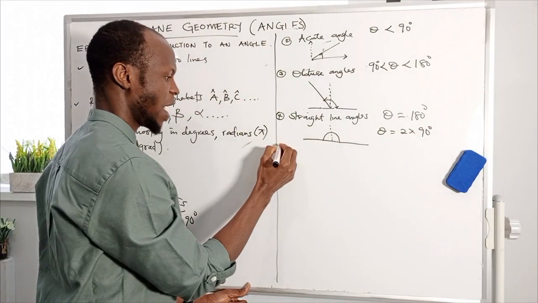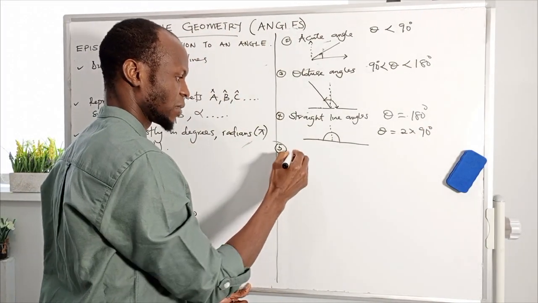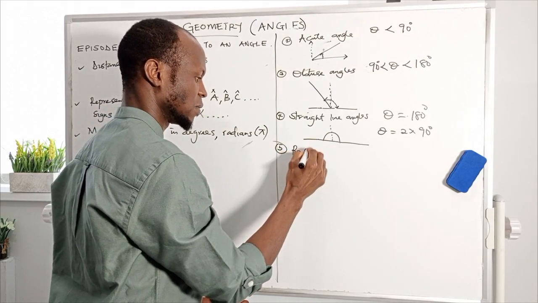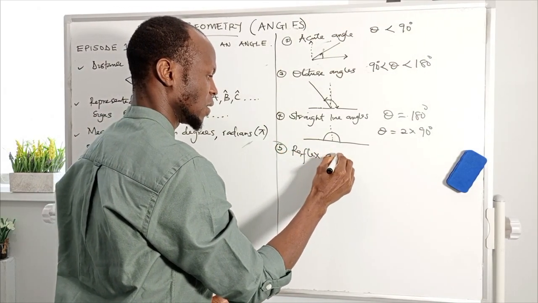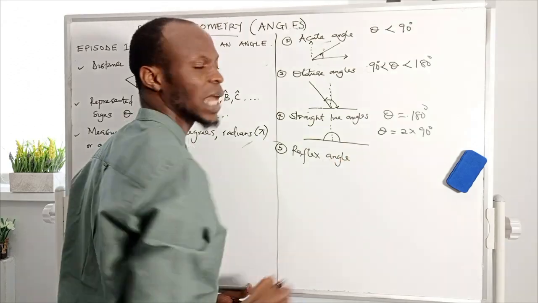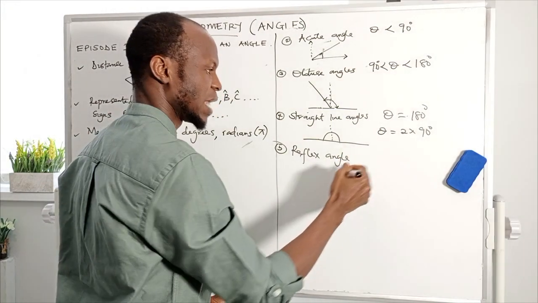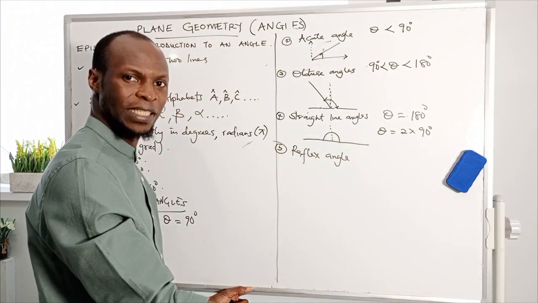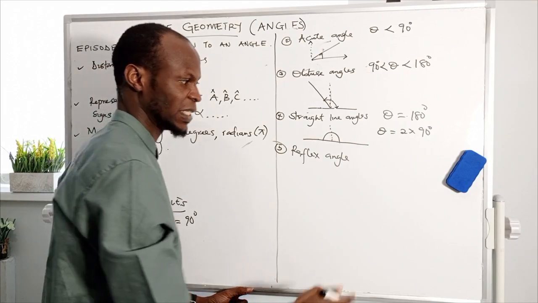Okay? Now number 5 is reflex angle. Reflex angles are angles that are more than 180 degree but not up to 360 degree.